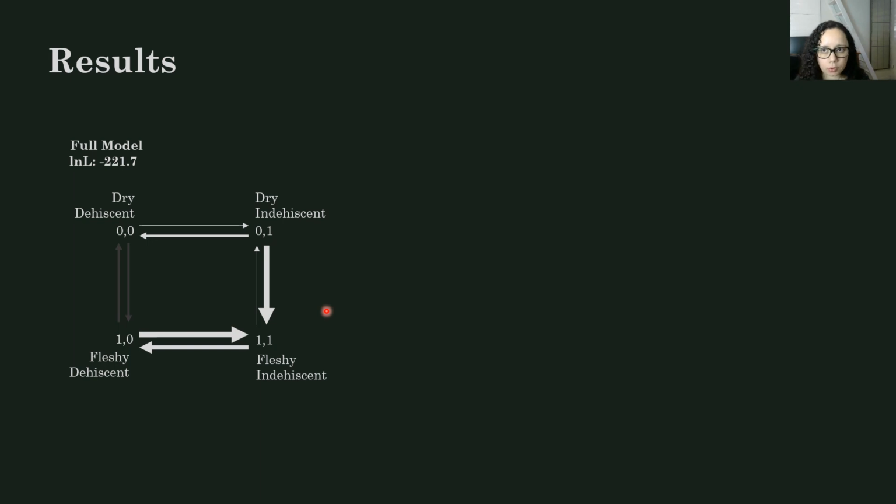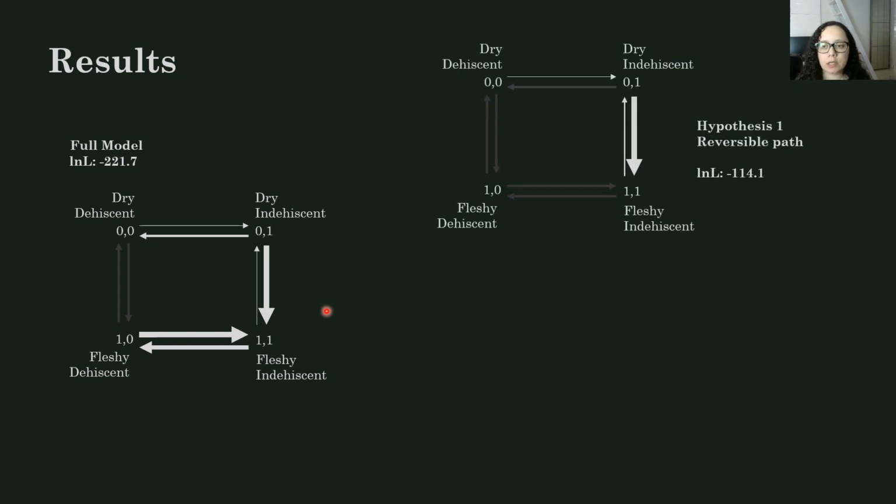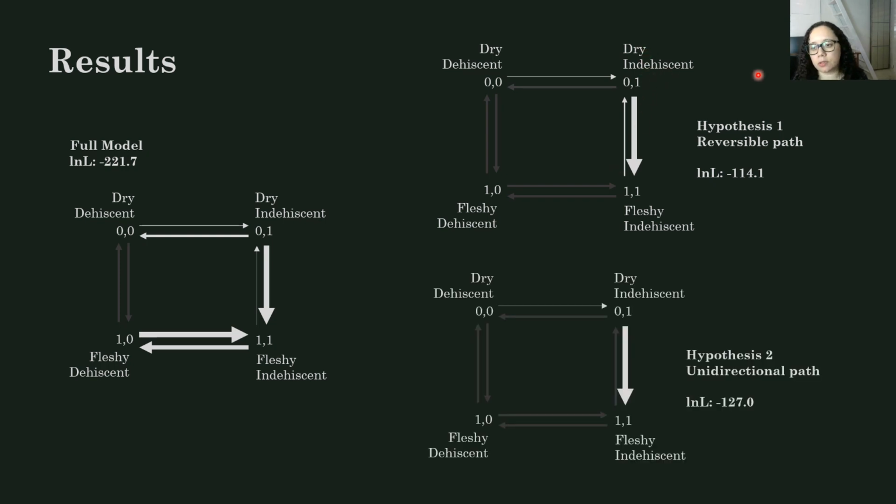Looking at the contrasting hypotheses, for the reversible path, already the likelihood is better than the full model. We still see the directionality, but we have reversals here towards the dry indehiscent state, which contrasts to hypothesis 2, where we have a very strong directionality towards fleshy indehiscent, but the fact that this transition backwards was not allowed made it a model that was worse than this one.